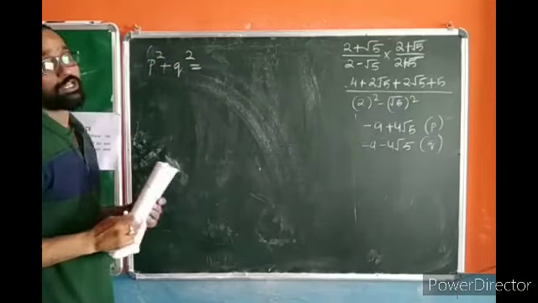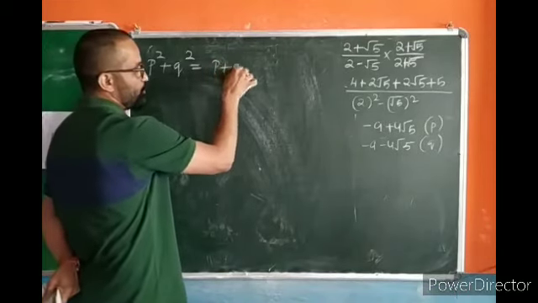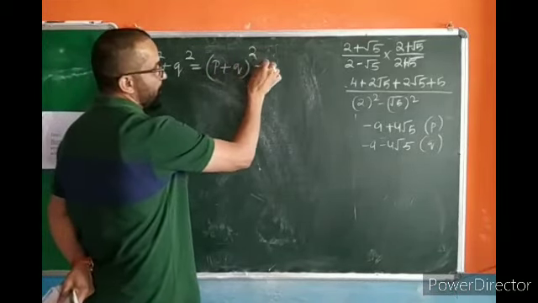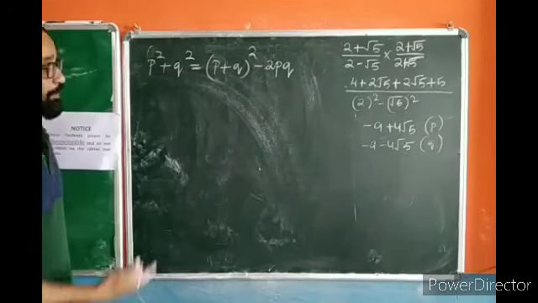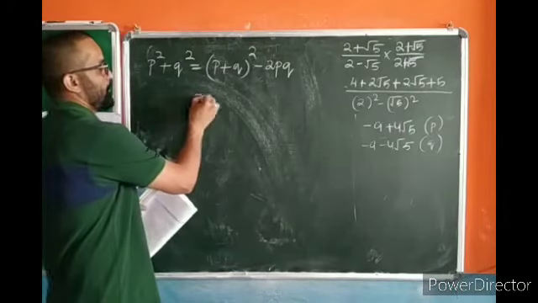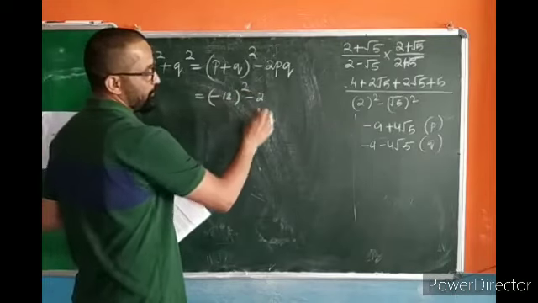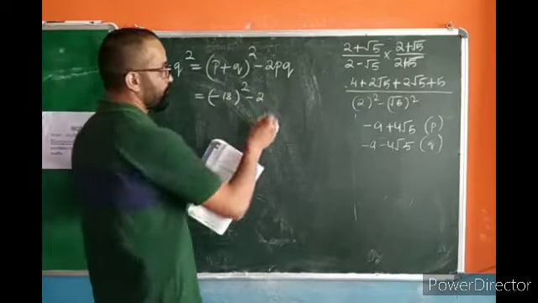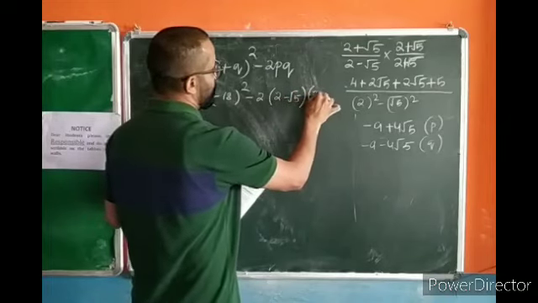We can use the algebraic formula here. It is P plus Q whole square minus 2PQ. And P plus Q we have already found. It is minus 18 whole square minus 2. We know P and Q.